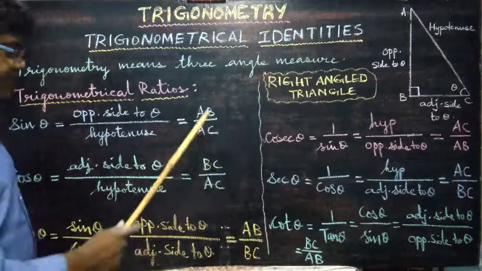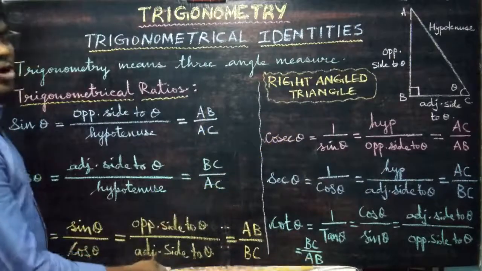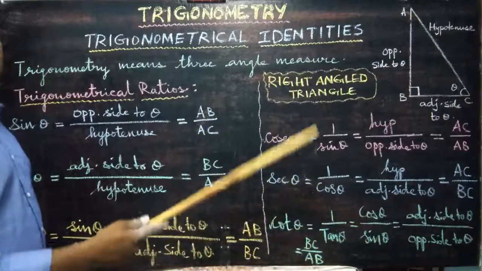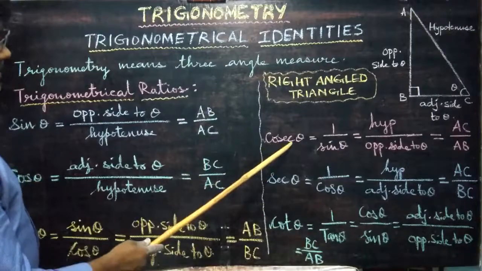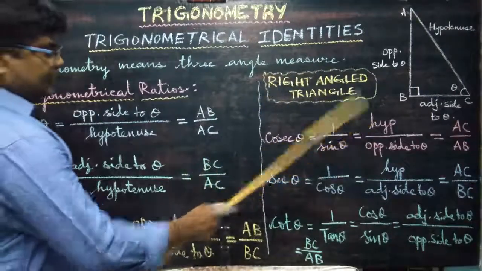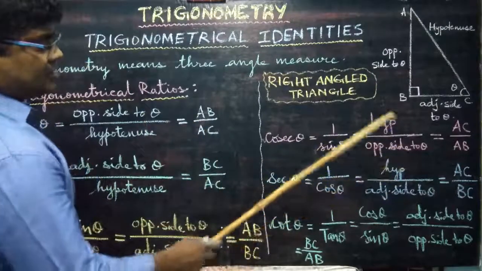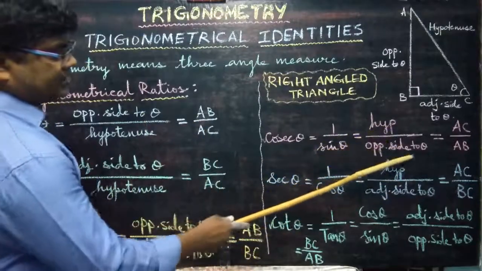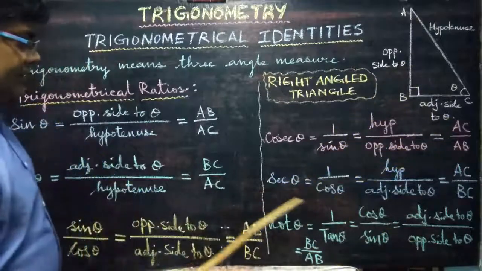Coming to the next, if these three are confirmed, the next three are reciprocals. You know reciprocals: the numerator goes to the denominator and the denominator goes to the numerator. Cosecant theta means 1 by sin theta, which is the reciprocal of opposite by hypotenuse, that is hypotenuse by opposite. So hypotenuse by the opposite side to theta, that is AC by AB.